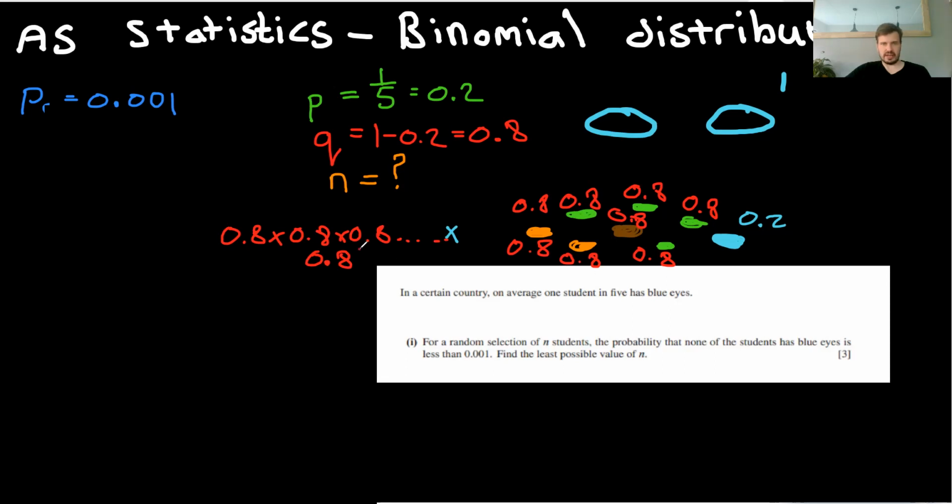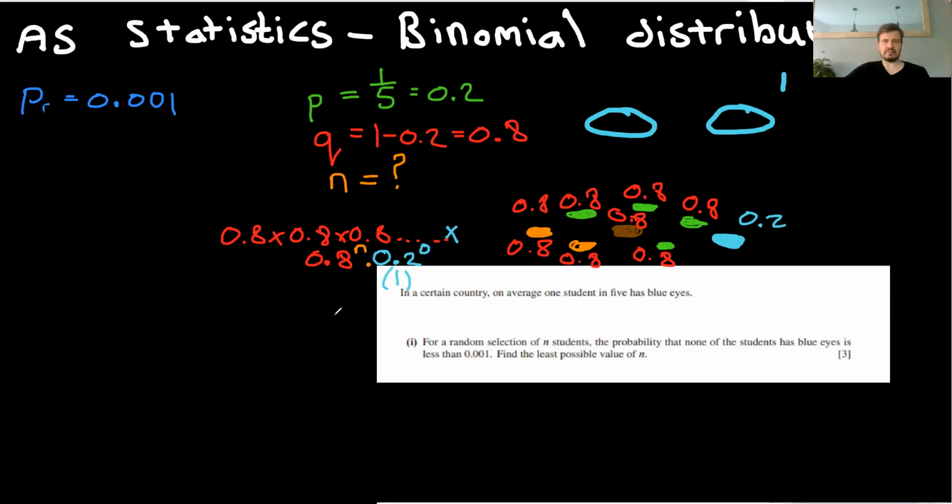So it's 0.8 to the N because we don't know. That is our N. Our question mark is how many would we get to? And so that would be fine. But then for our blues, we must have no 0.2. So instead of putting nothing, I'm going to put 0.2 to the 0, which is 1.